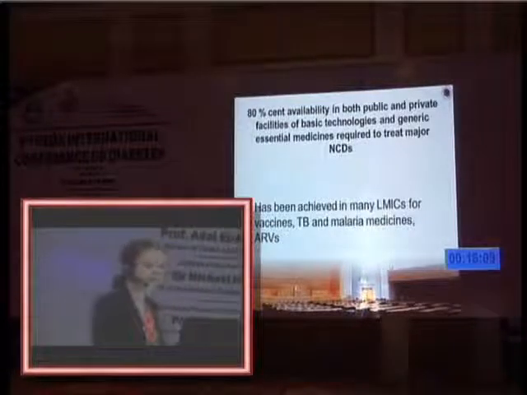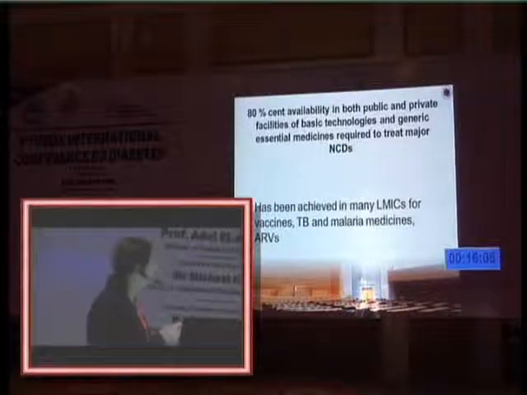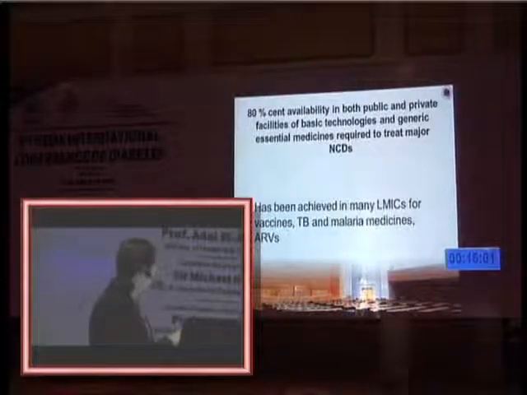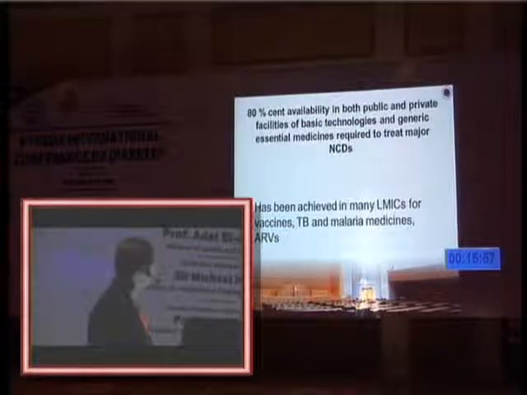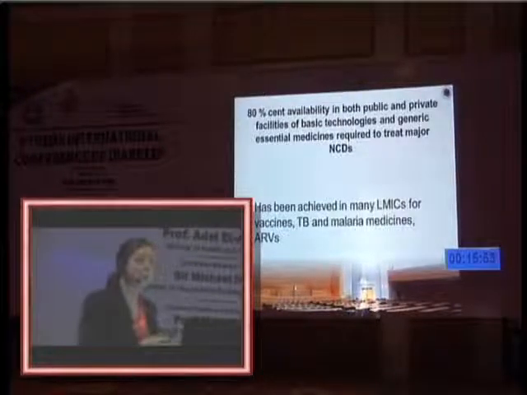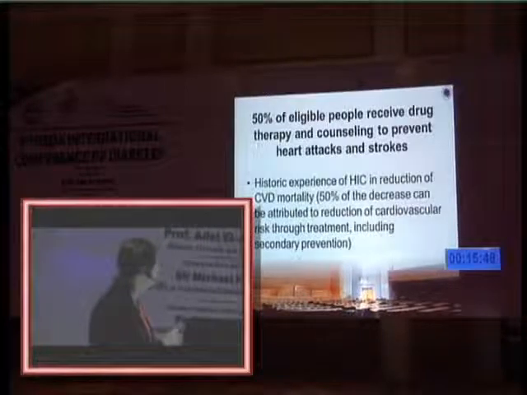80% availability of both public and private facilities of basic technologies for major chronic diseases. This has been achieved in many low and middle income countries for vaccines, TB, malaria, and HIV treatment, so it should be possible to be done for non-communicable diseases.